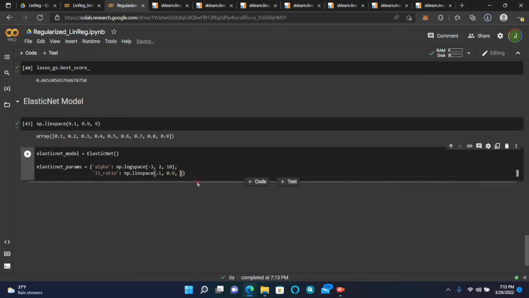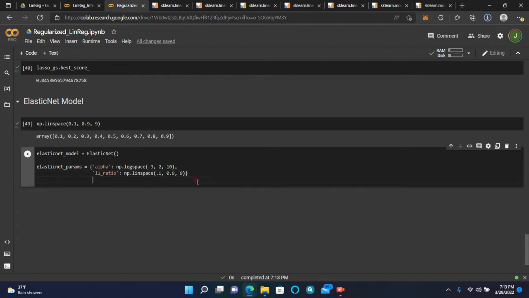And we'll use 9 of them. So I've got 10 options for alpha, 9 options for the L1 ratio. So this is actually going to fit 90 different models, one for every single combination of those. So this one, it very well could take a while. Elastic net grid search.